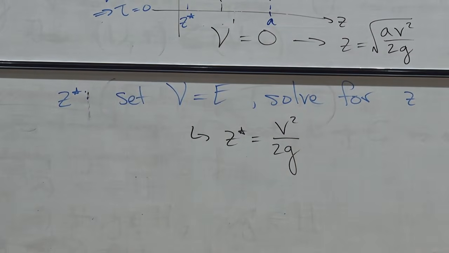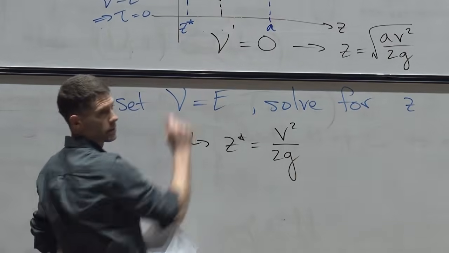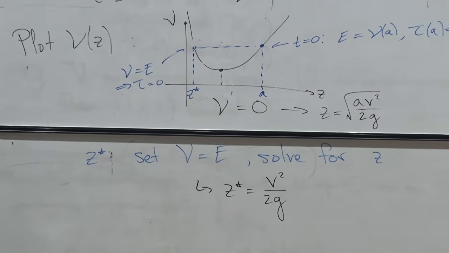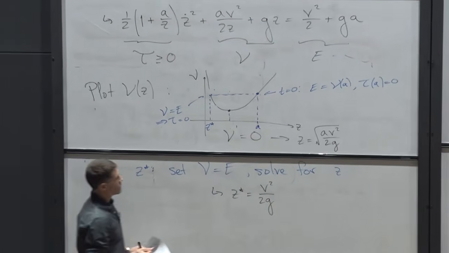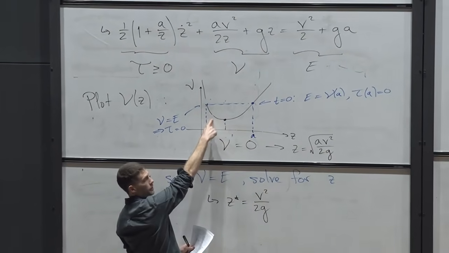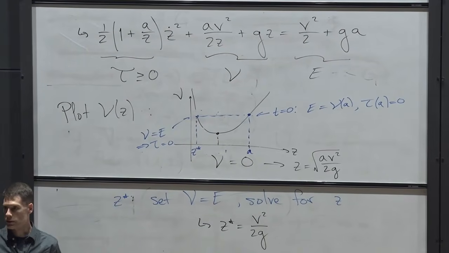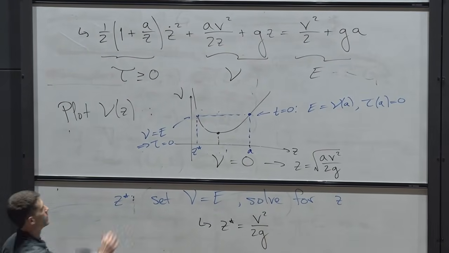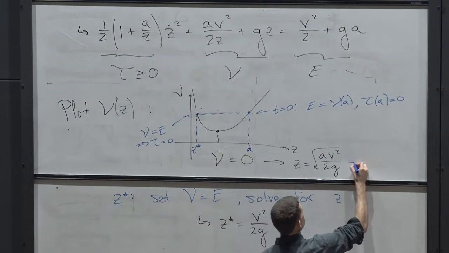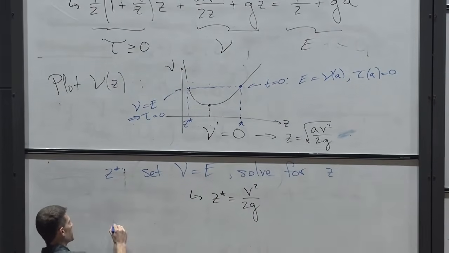In my picture, I've drawn Z equals A to the right of this point. Doesn't have to be that way. But basically, there are two scenarios. If A is less than this value, then that means I started over here, and that means, in fact, it's kind of interesting, two experiments. So two scenarios.